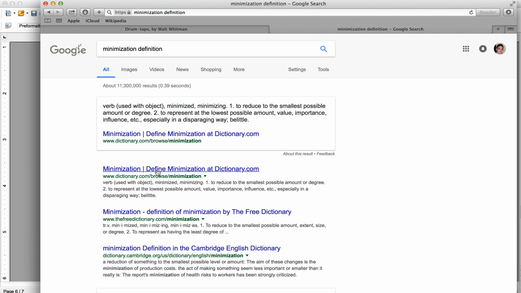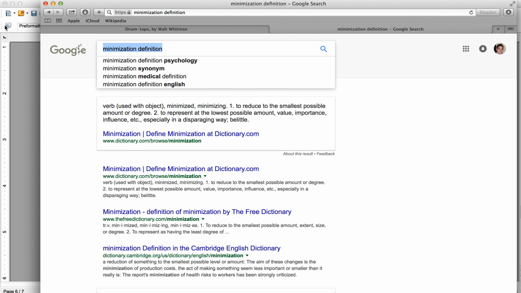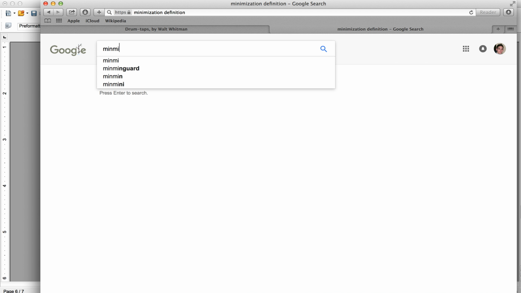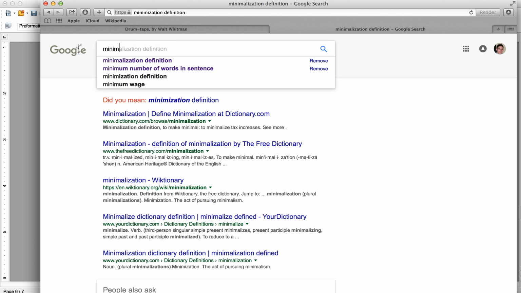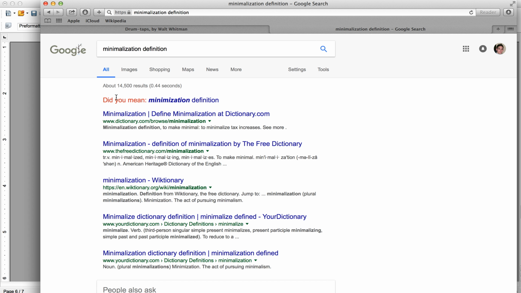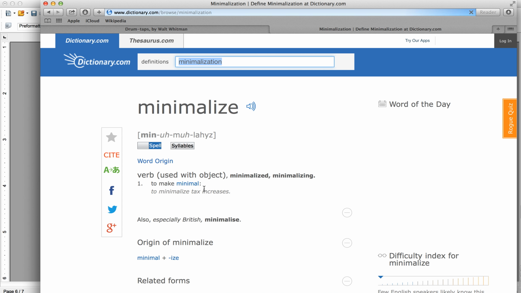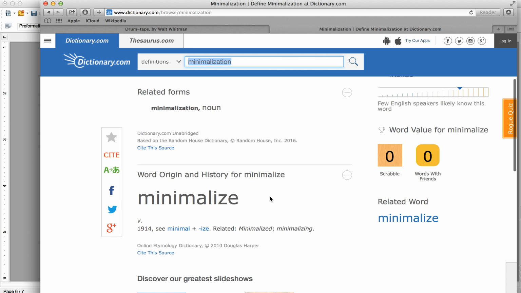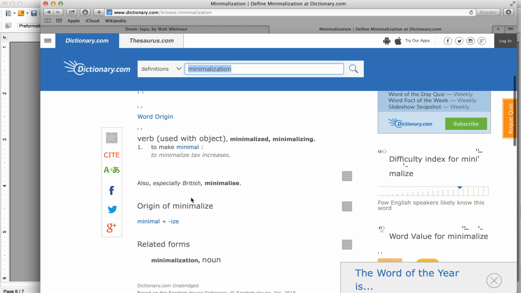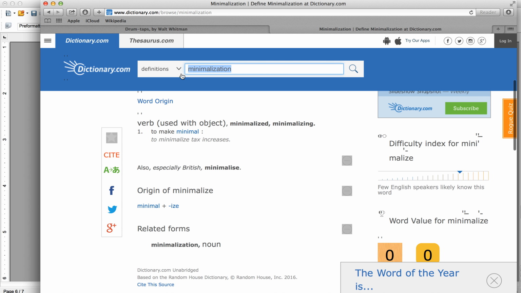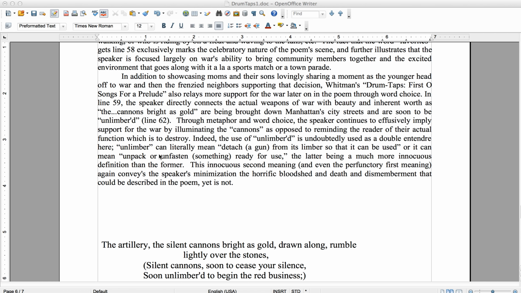It's a verb. We want the noun. The minimalization, right? We want the noun. Yeah, there it is. Minimalization. It's a tough word.